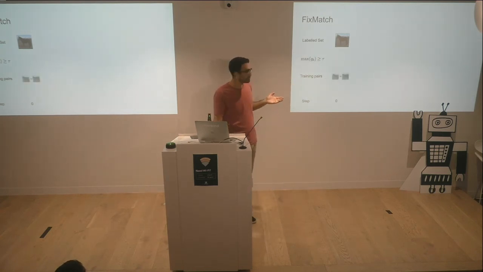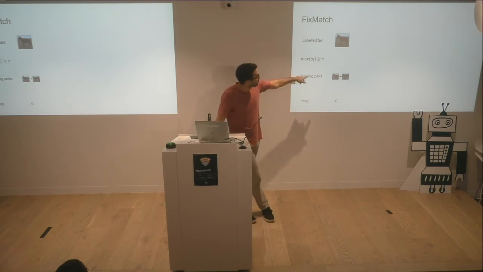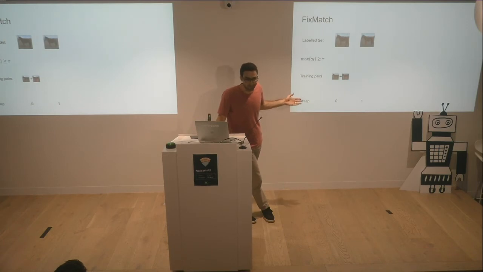We just take the horse image, augment it a little bit, and then train our model. So the model becomes a little bit better at recognizing horses, fine. Nothing has changed significantly. Same labeled set, the model is still not confident enough to say that any other image is an image of a horse, so we just generate another augmentation, and we keep on training.